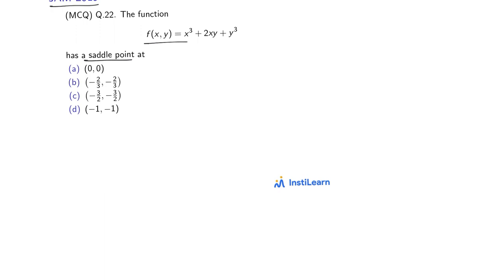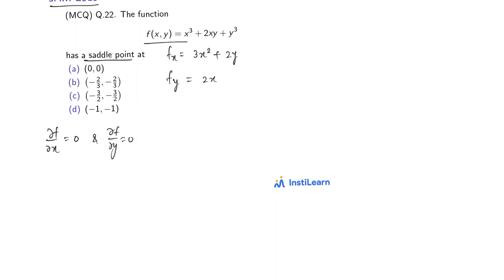To find the critical points, we would have del f by del x equal to 0 and del f by del y equal to 0. What is del f by del x? It is 3x square plus 2y. And what is del f by del y?